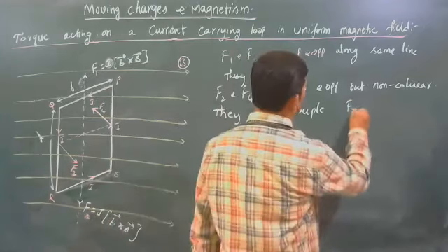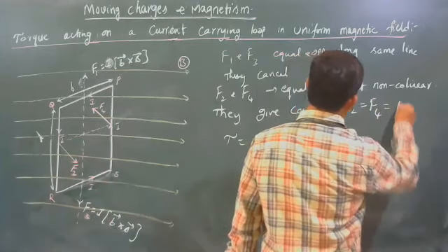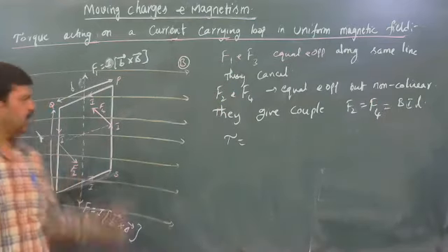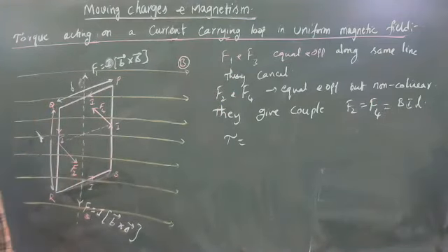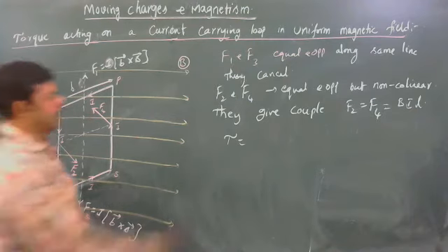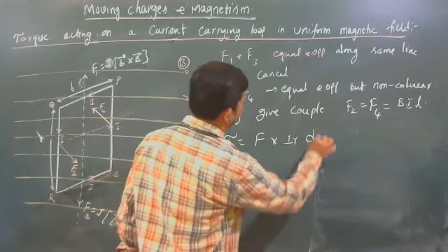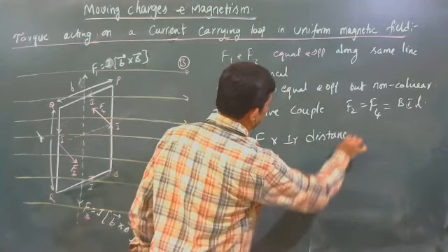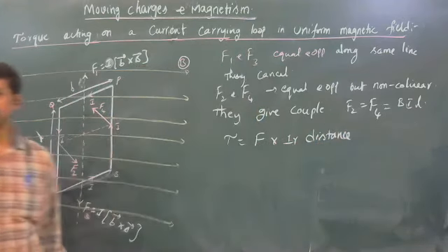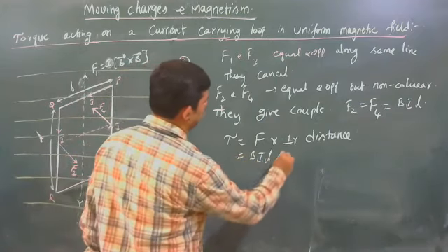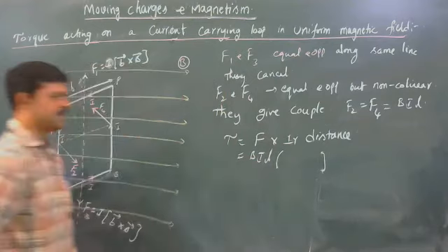F2 and F4 are BIL sin 90, because this side is perpendicular to the field. Then what is the torque acting? Force into perpendicular distance. What is the force here? BIL. Then what is the perpendicular distance?